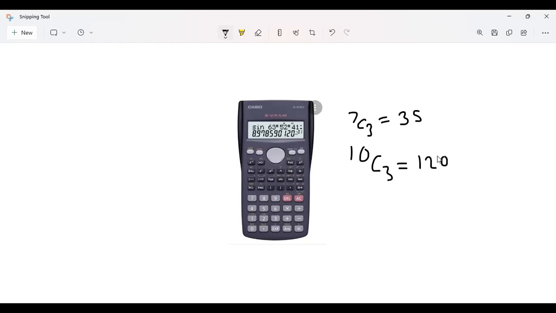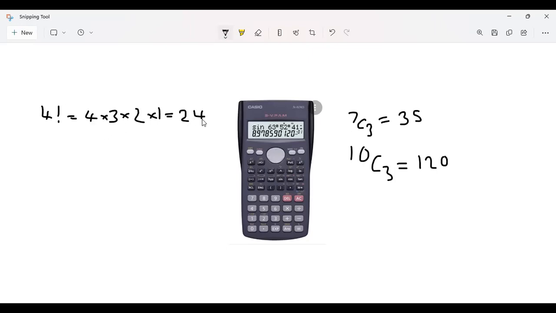So there's also a factorial here. A factorial, for instance, 4 factorial is simply multiplying 4 backwards. 4 times 3 times 2 times 1. So this one gives us 24.